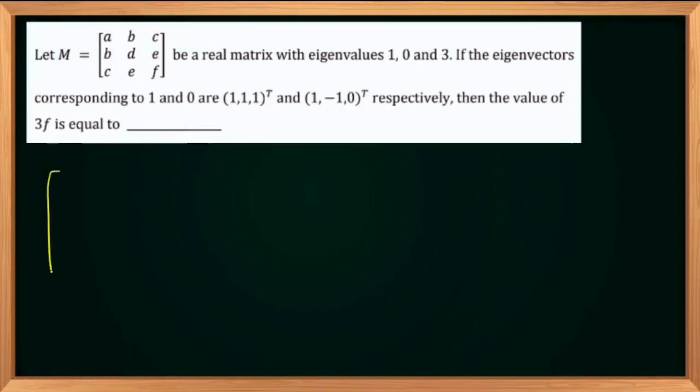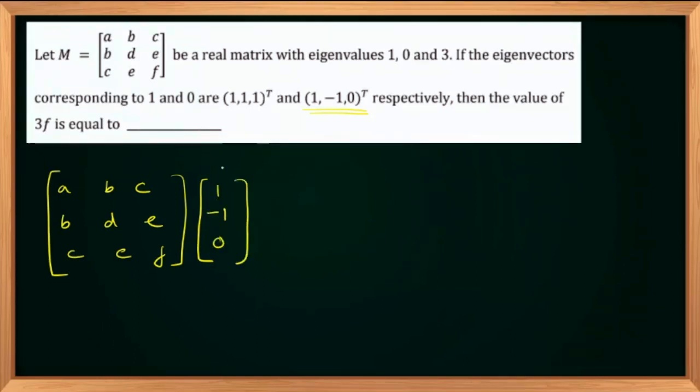If I take the matrix [A, B, C; B, D, E; C, E, F], the vector (1, minus 1, 0) is an eigenvector corresponding to eigenvalue 0, right? The eigenvalue corresponding to this is 0, which means my output should be equal to this vector times 0.